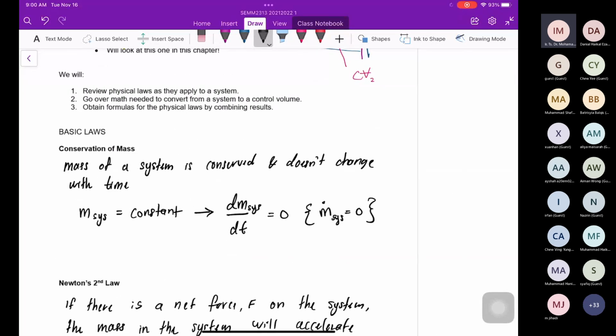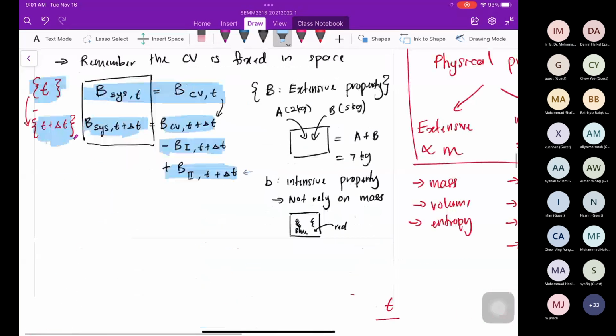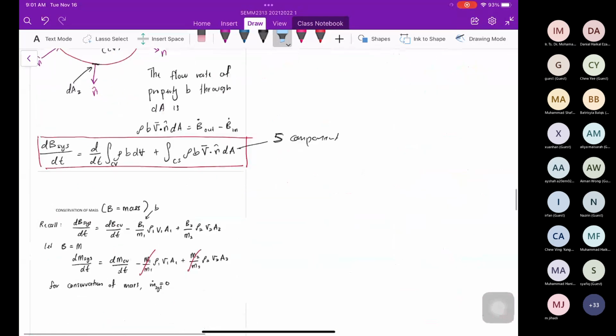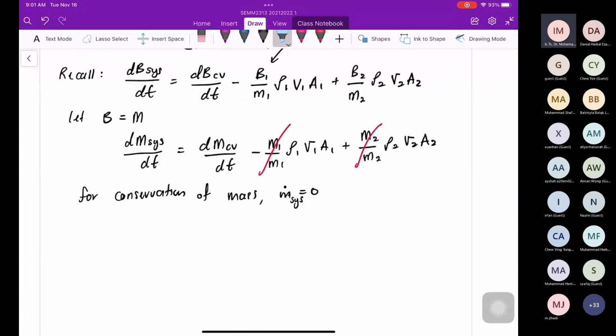Conservation of mass means the mass of a system is conserved. So the rate of change of mass in the system equals 0. So from here, where is it equal to 0? This term, equal to 0.